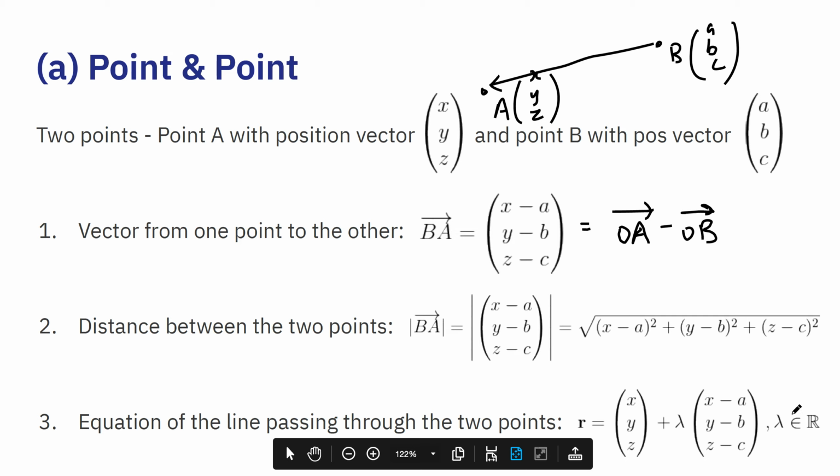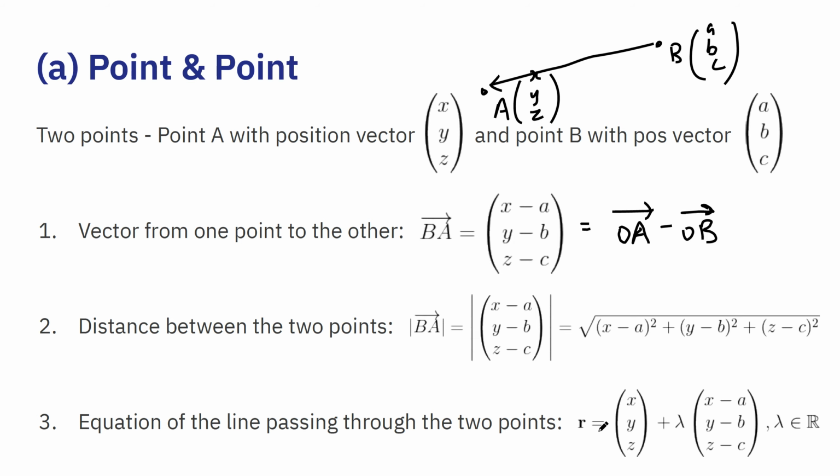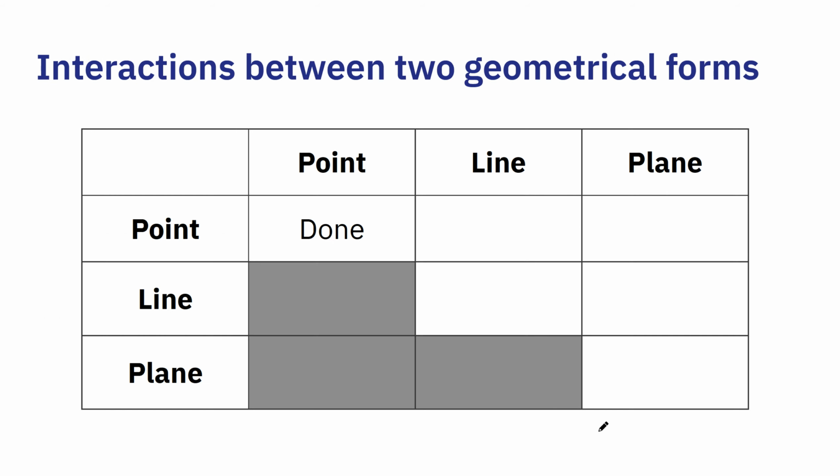Here lambda can be any real constant. If you sub in lambda equals 1 or minus 2 or 4, for example, you get different possible vectors for r. And each value for r would correspond to a unique point on the line. So that's all the questions they can test about interactions between one point and another point.